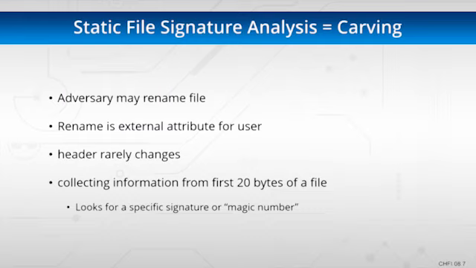Now here's what doesn't change. You can change the extension on anything and let the automatic file association and the graphical user interface give you a whole bunch of data, but you can't change the header. I'd say it's almost impossible to change the header and get that file to execute correctly. Headers rarely change.